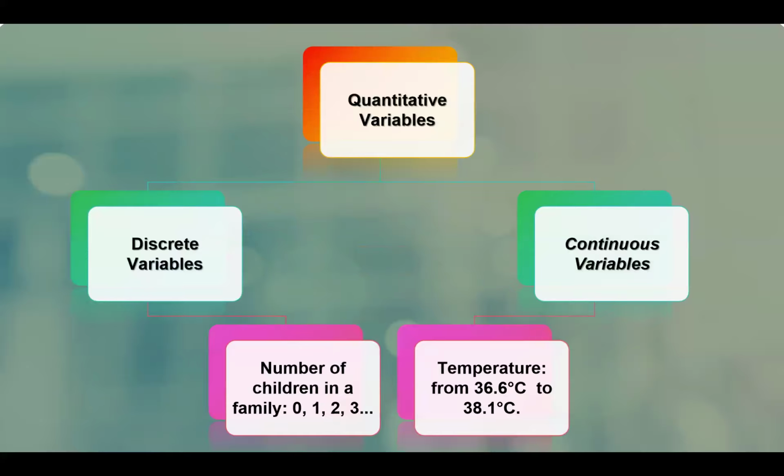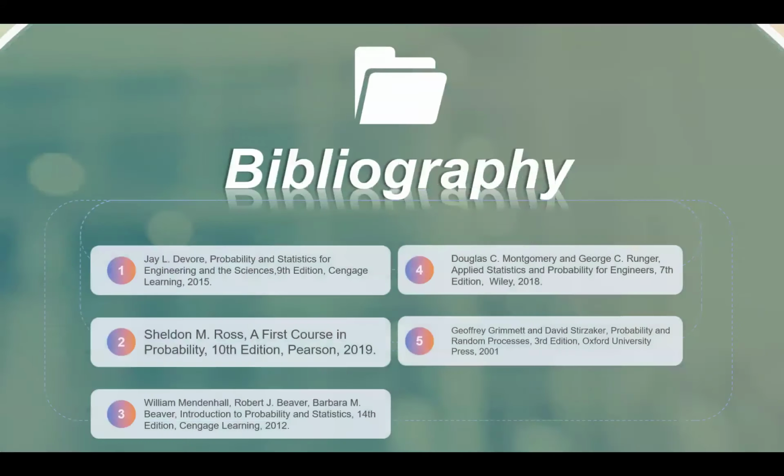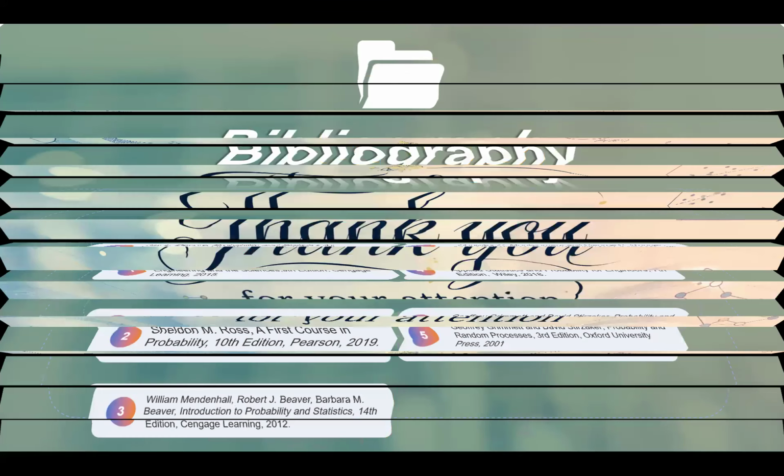Now let's move on to quantitative variables. Quantitative variables represent numerical values and they are divided into two types. The first is a discrete variable, like the number of children in a family: 0, 1, 2, and 3. The second is a continuous variable, like temperature from 36.6 degrees to 38.1 degrees.